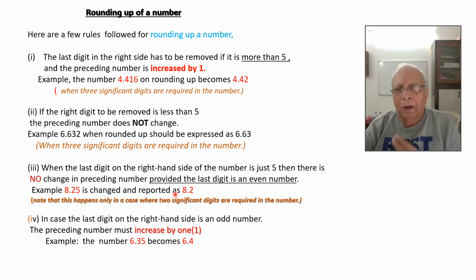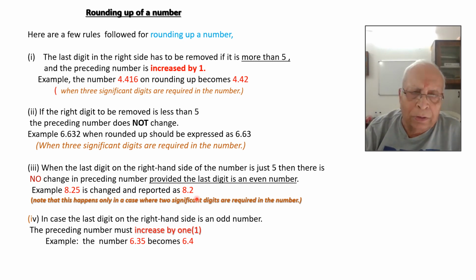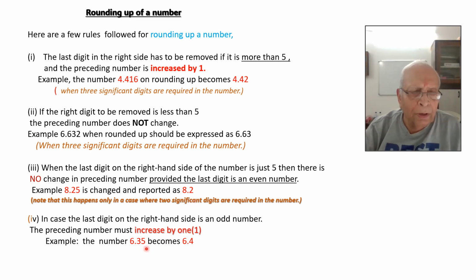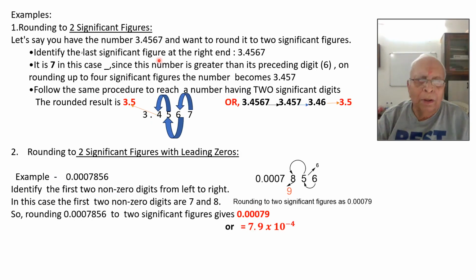If you want two significant figures and your purpose will be served by two significant figures, you can say it is 8.2, or sometimes you can take it as 8.3. Of course, 6.35 will become 6.4. Here is another example, rounding to two significant figures.